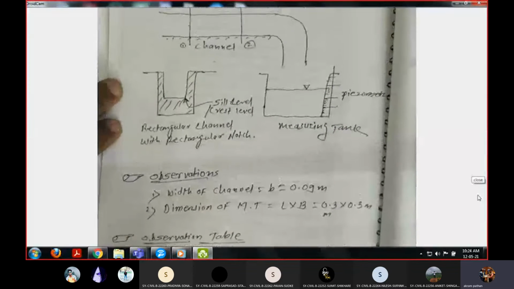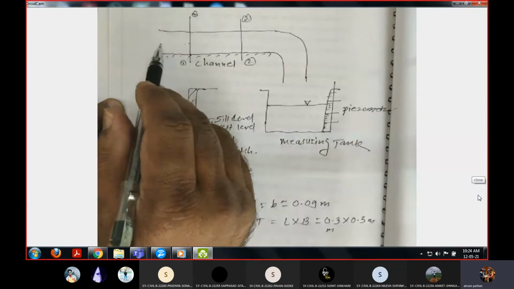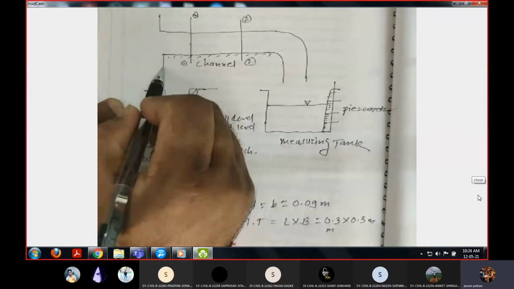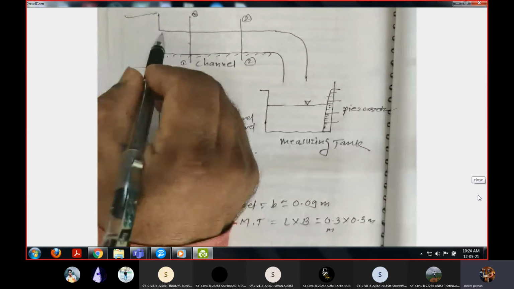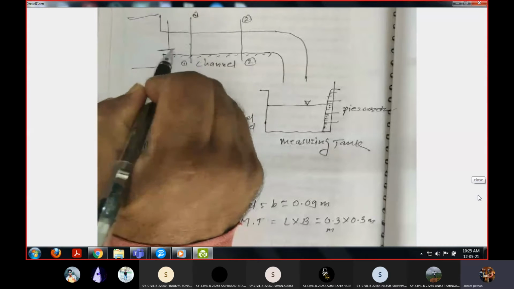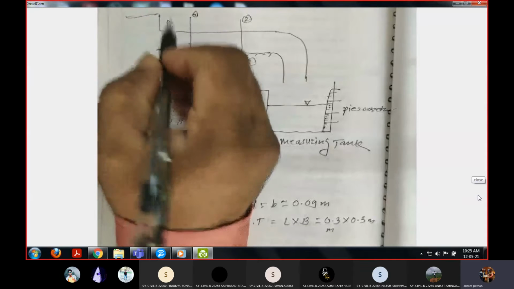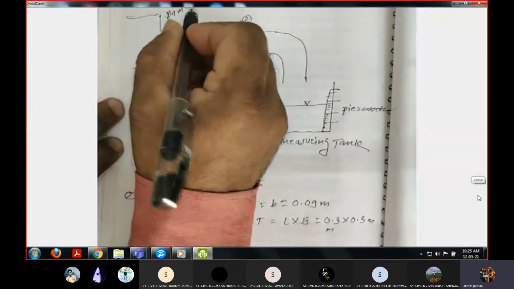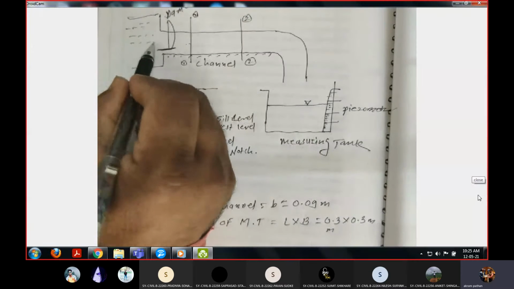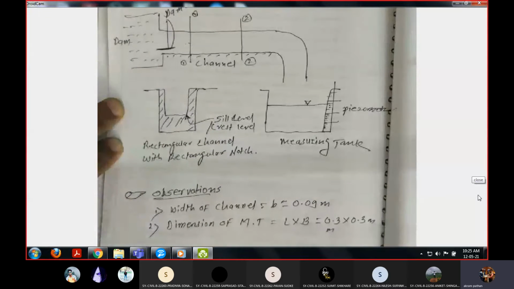So first, what we need to do is open the dam gate. For example, we have a dam here, and here we have the gate. This is the dam gate, and on the upstream side of the dam we have water.